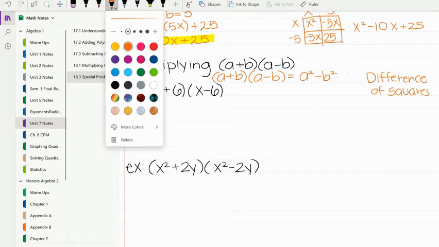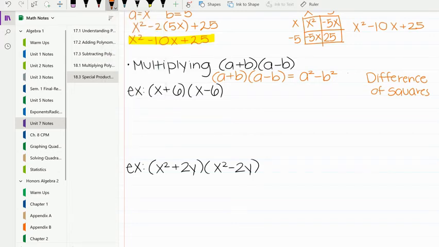So if we have (x plus 6) times (x minus 6), my a, the first term, is x, and my b is 6. According to the formula, it's just a squared minus b squared. So a squared is x squared, and minus b squared would be 36. So our answer is x squared minus 36.